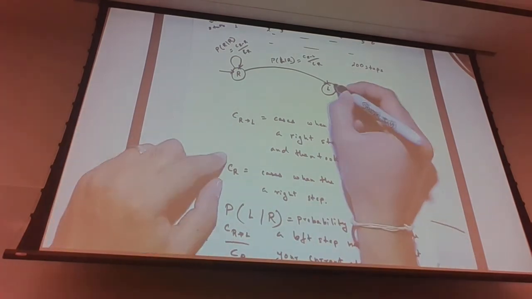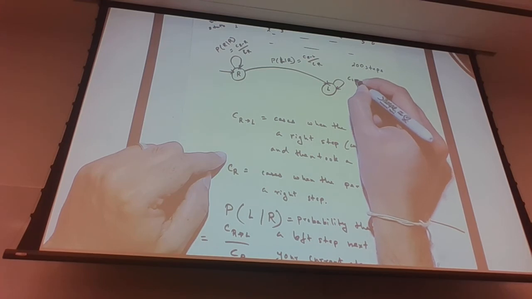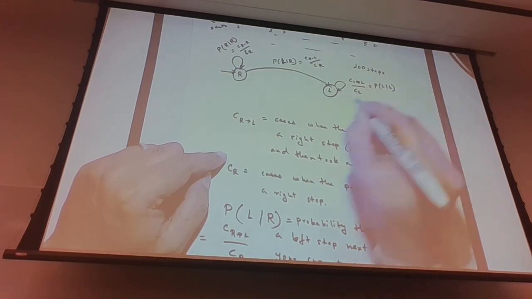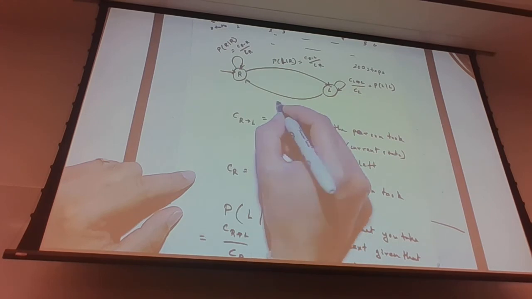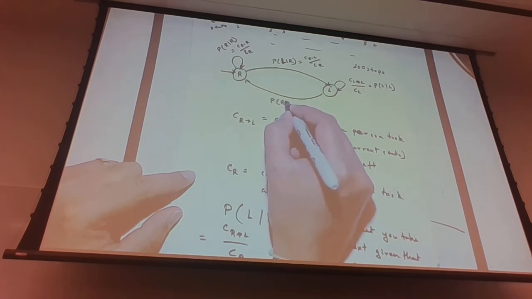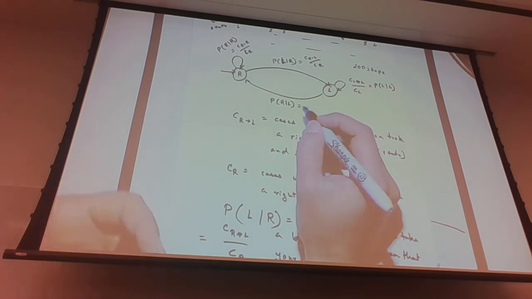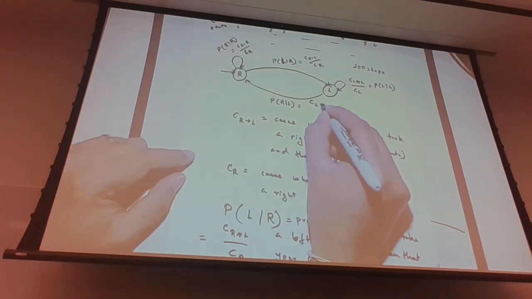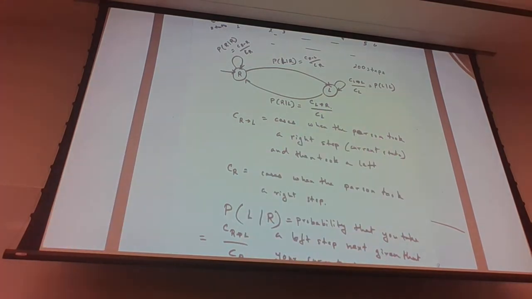Now similarly you can also make out these things. So CLL by CL, which is probability that you took the next step left given that your current step was left, and you can also have this P of R given L, which is the probability that your next step was right given that the current step was left, so which is CLR by CL. Right?